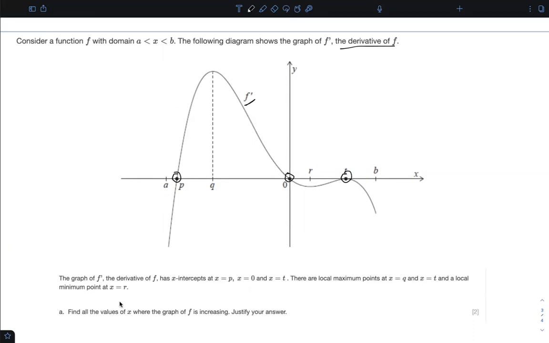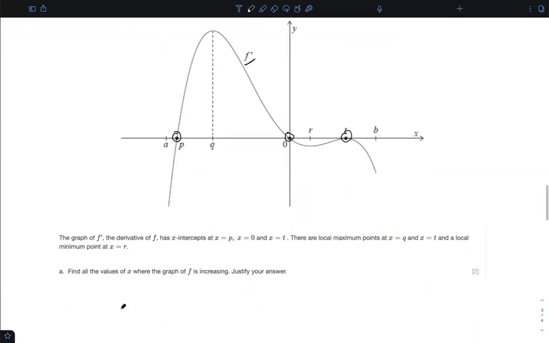Now, part A of the question says, find all the values of x where the graph of f is increasing. If f(x) is increasing, that means its derivative in an interval will be positive, right? So what we know is, if a function is increasing, then f prime, its derivative, should be positive. Now, in this diagram, between what values of x do we see f prime having a positive value?